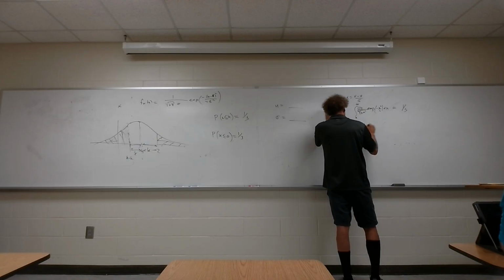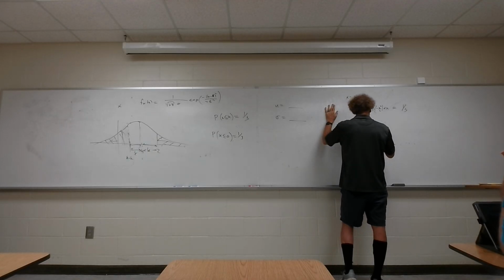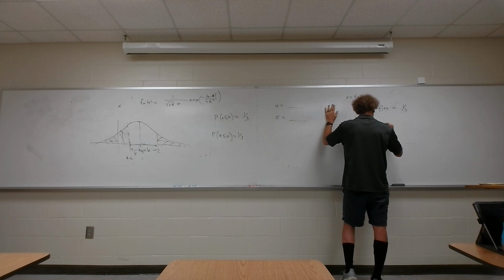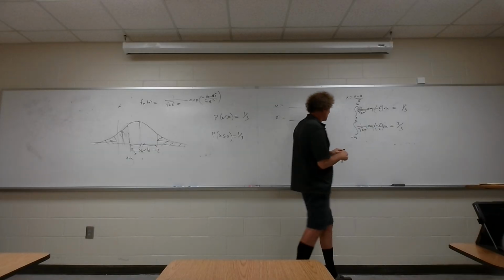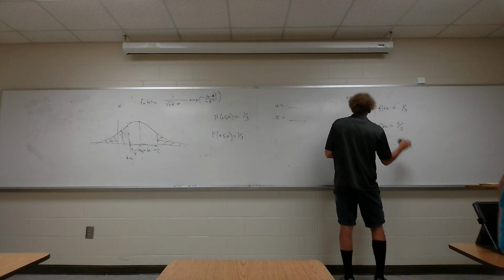Two x, one over square root of two pi times exp minus x squared over two dx would be equal to 2/3. That wouldn't be x actually.